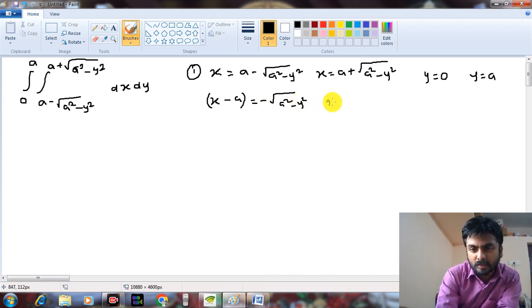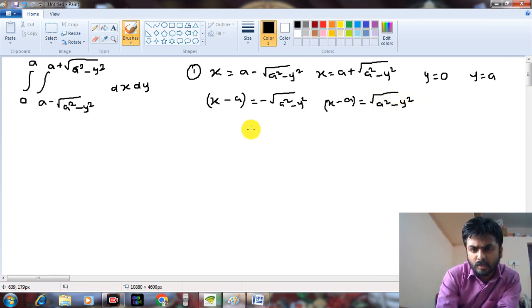Here also, x minus a equal to root of a square minus y square.